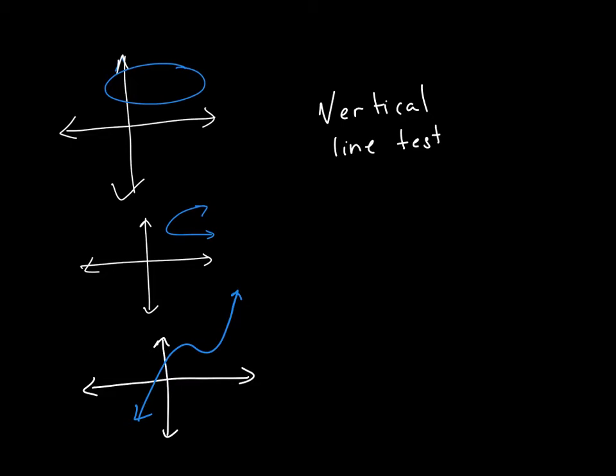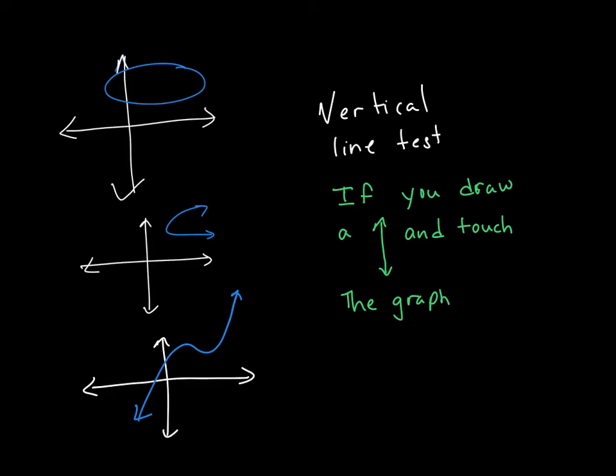The vertical line test says if you can draw a vertical line and touch the graph in 2 or more places, it is not a function.